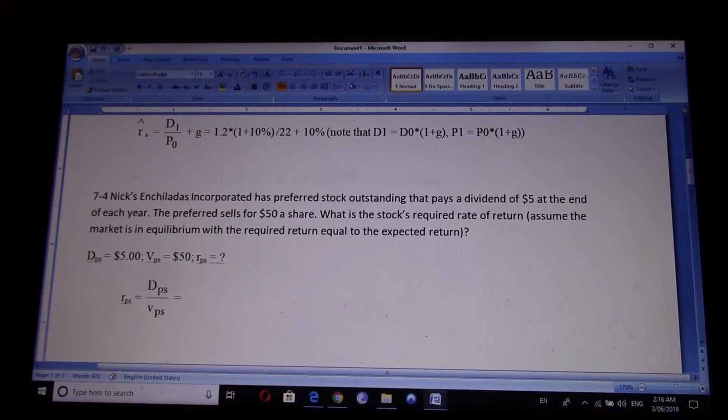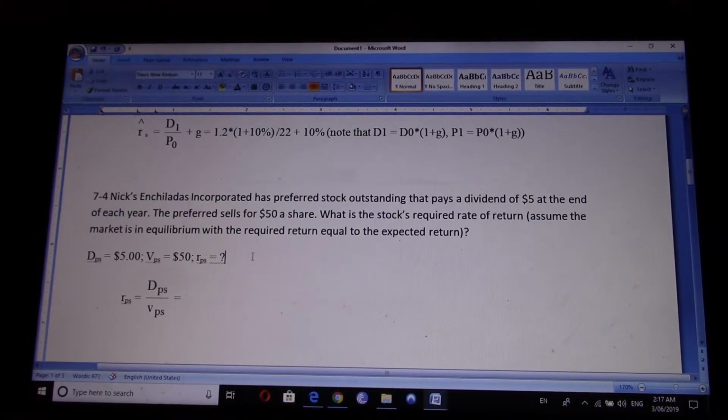For 7.4, this is a preferred stock. The preferred stock dividend is $5. The price is $50. Preferred stock is different from common stock because the shareholders receive a constant dividend, so there's no growth rate for the dividend. Since it's a constant dividend, the equations are different. The stock value equals the dividend over the return.